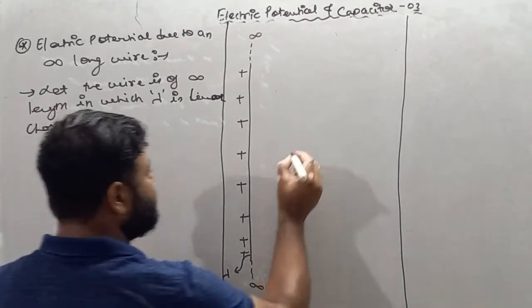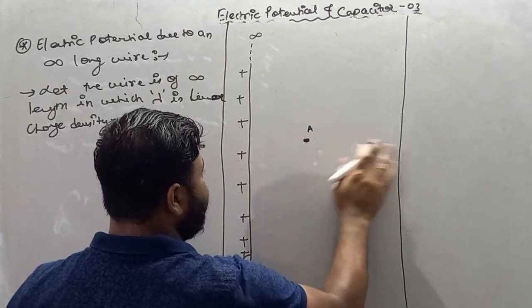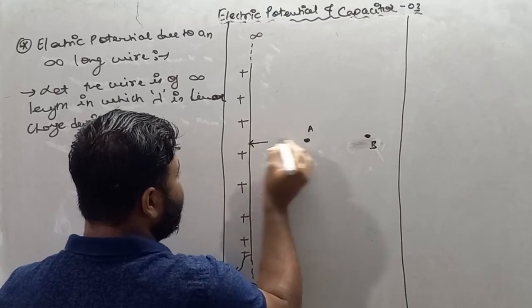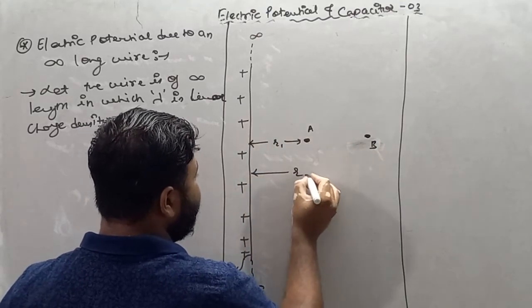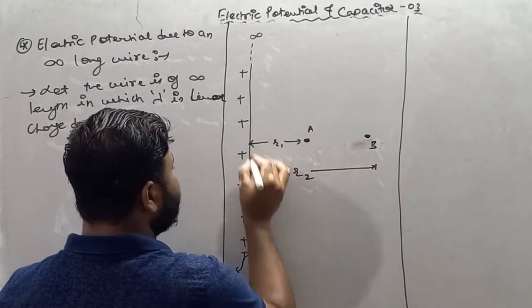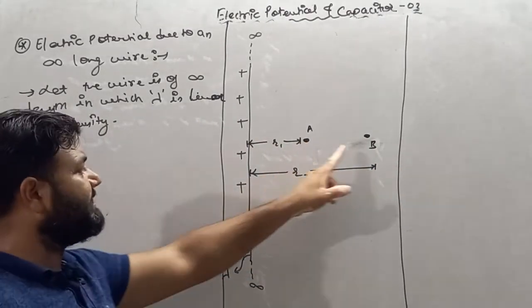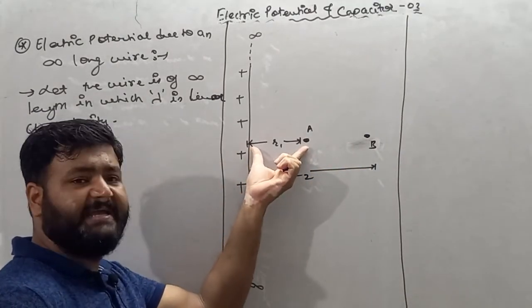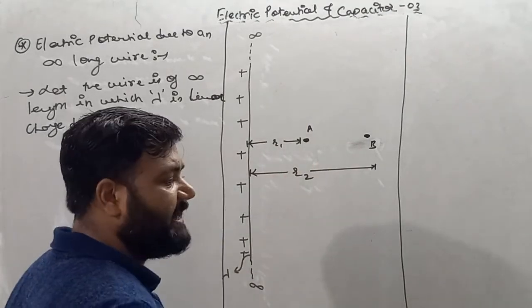Let's suppose one point is A and another point is B. From the wire, point A is R1 distance apart and point B is R2 distance apart. So we are considering two points, A and B.